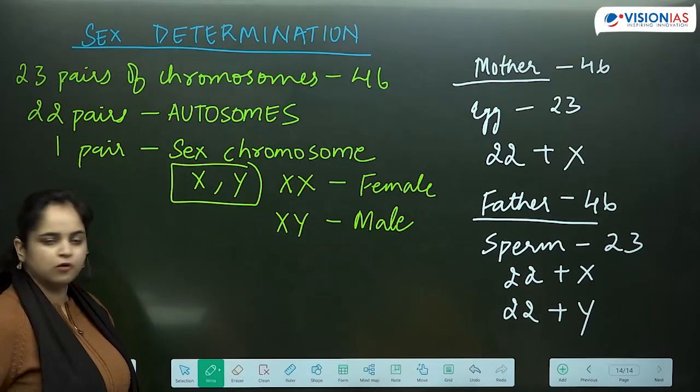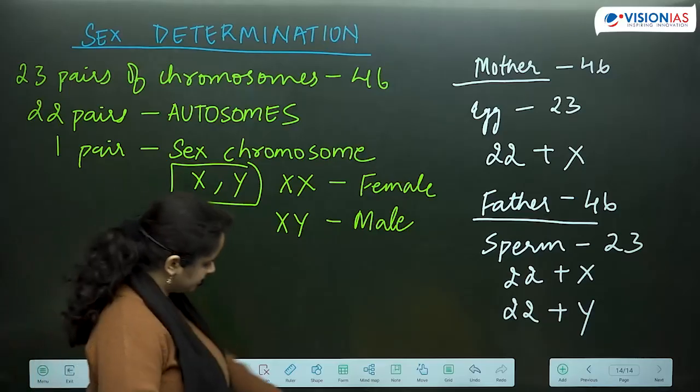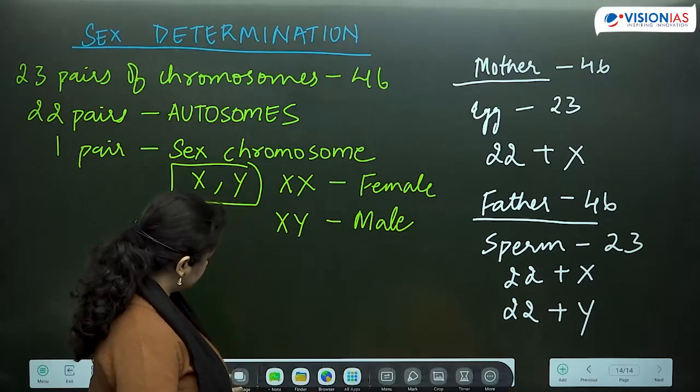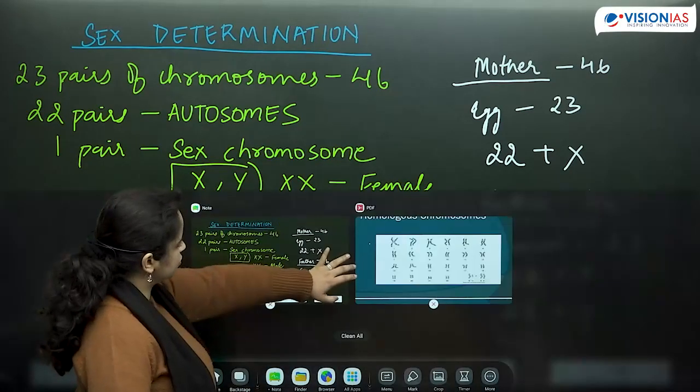This also follows the simple Mendel's inheritance. So you can draw that cross also.